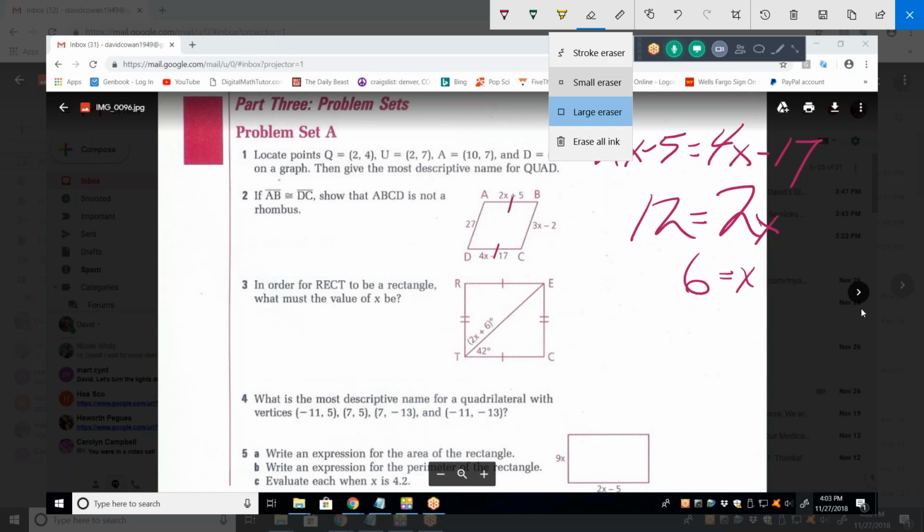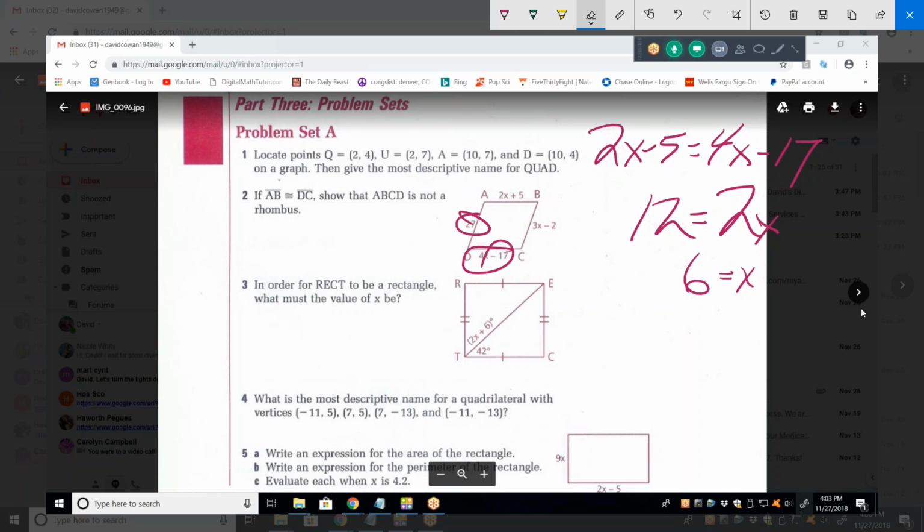Now, they ask us to prove that it's not a rhombus. Well, a rhombus means what? All these sides are the same length. Okay, so all we have to do is prove that that is not that.